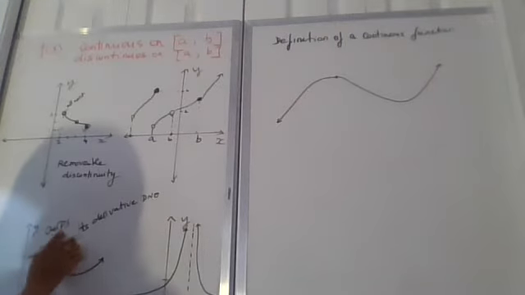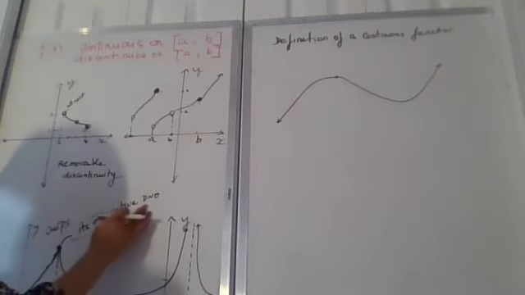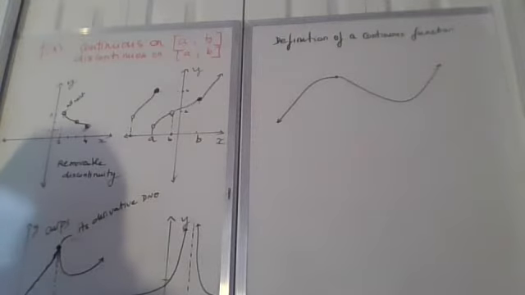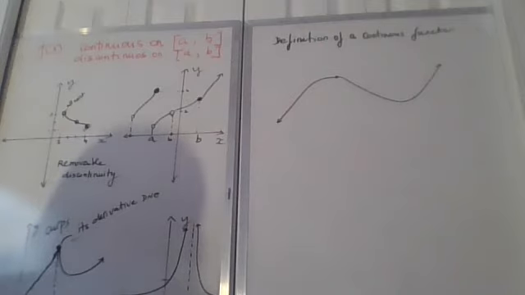You cannot get the slope of this point here, so its derivative does not exist. Once the function has no derivative, it means this could be a continuous function, but it cannot be differentiable.